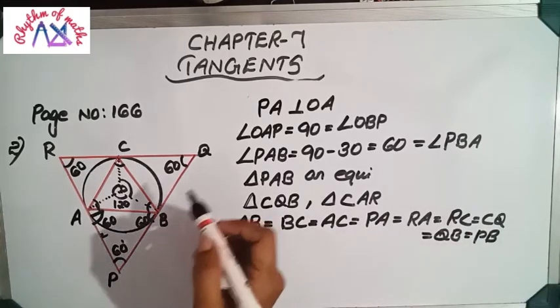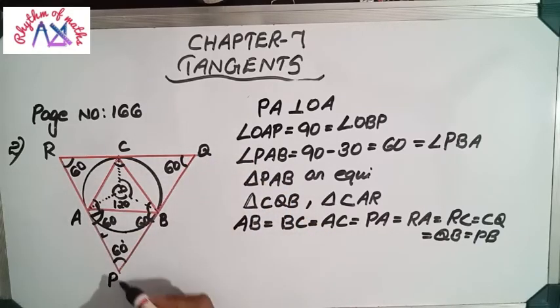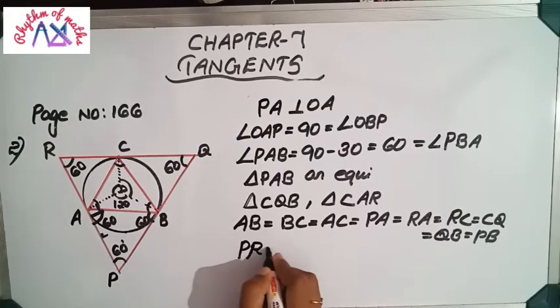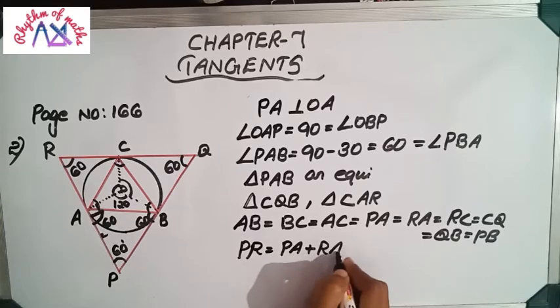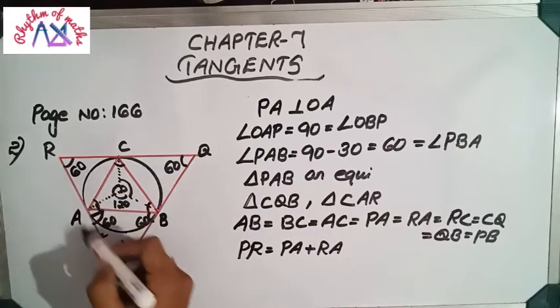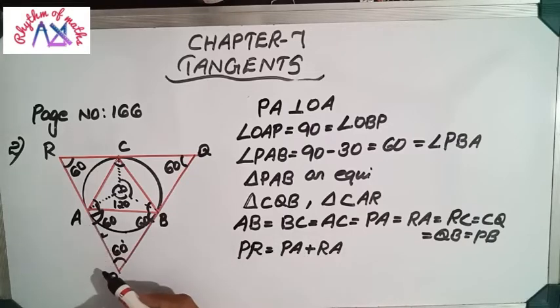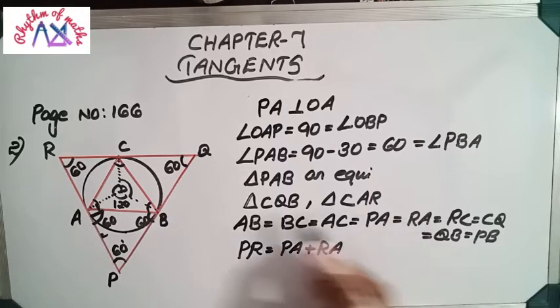Next we have to prove that the sides are double that of the small triangle. That means PR. Consider PR first. PR equals PA plus RA. When you add these two sides, we will get PR. Now here, PA and RA are both the same.